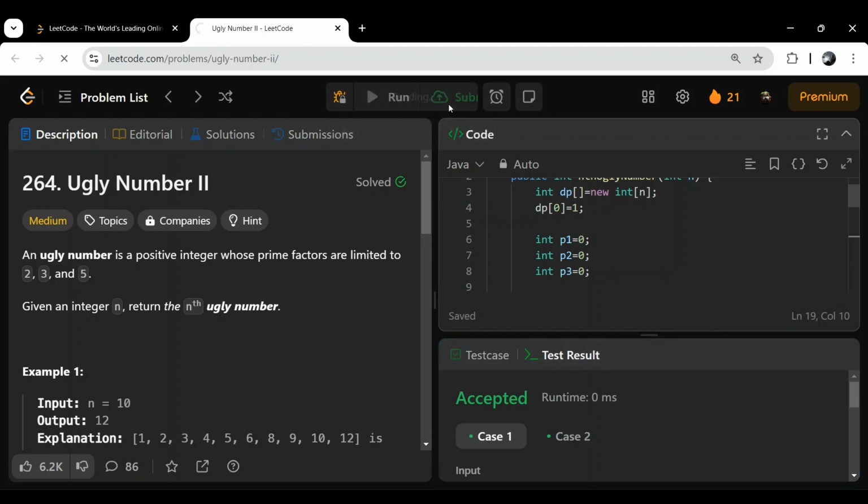So let's run. Let's submit the code. Oh, the page got refreshed. Let's wait.